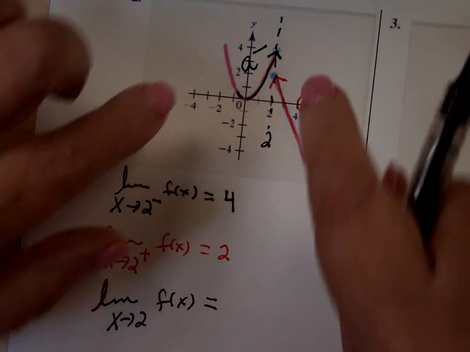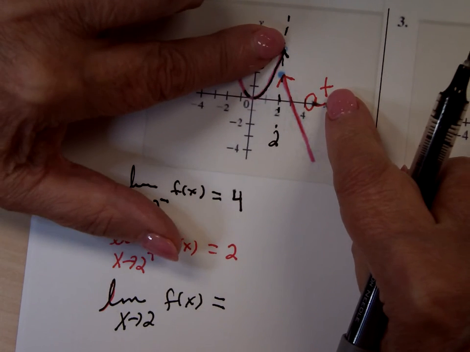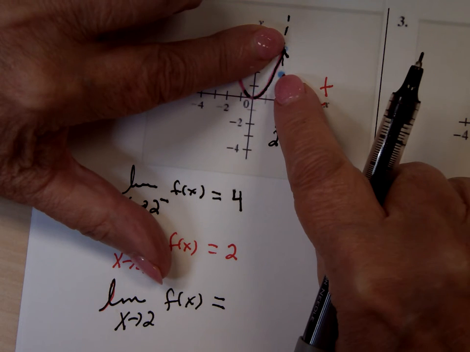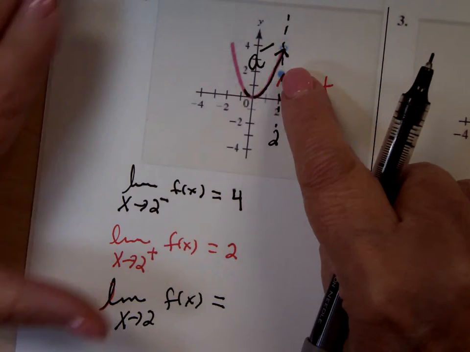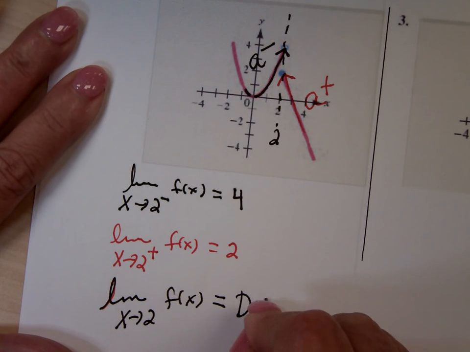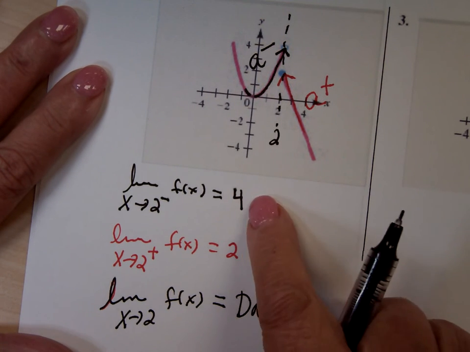Doesn't exist. That says if I'm coming from the left, I'm here. If I'm coming from the right, I'm there. Do I meet? No. Because these two guys would have to be the same.